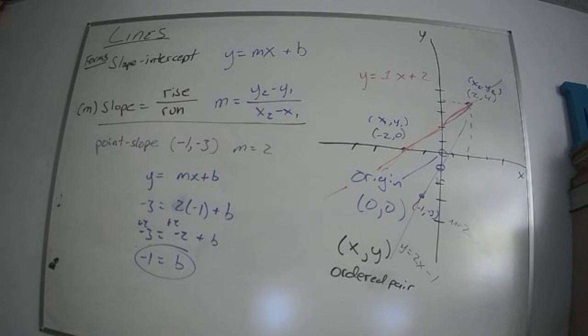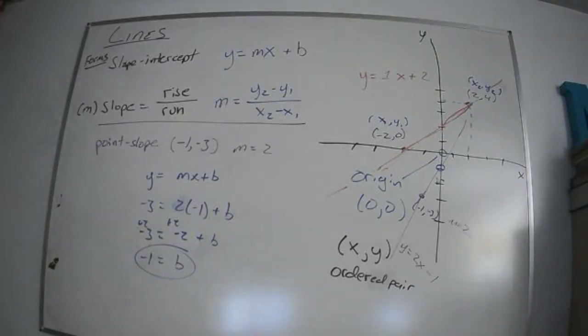We'll talk about the slope, point slope, and slope intercept form of the line. And the general equation of a line, also called the standard form, we'll start on page 110.